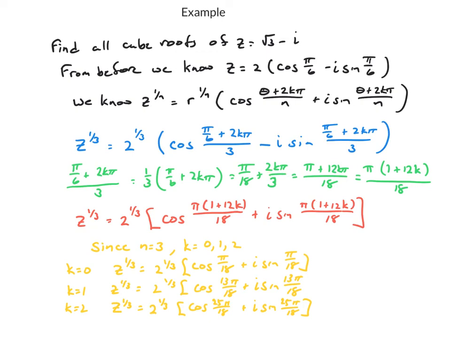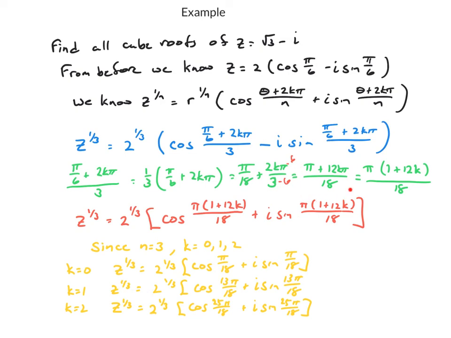But remember, I need to get a common denominator. In this case, my common denominator is 18, so I'm going to multiply top and bottom times 6, and that will give me pi over 18 plus 12k pi over 18.